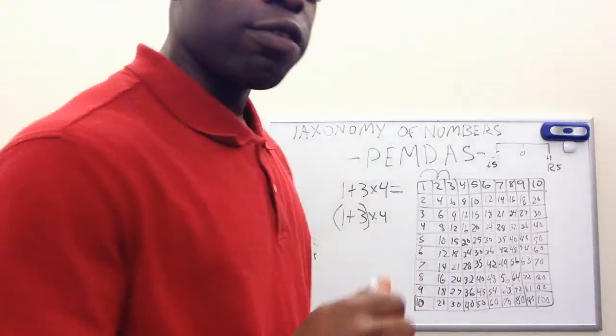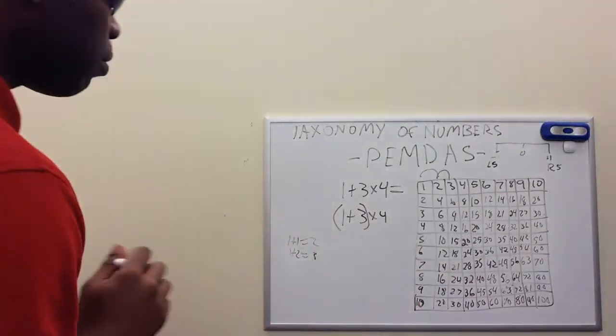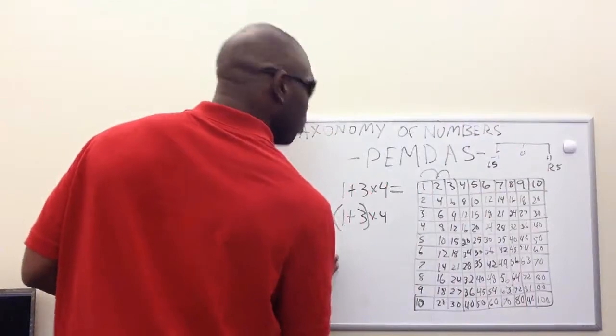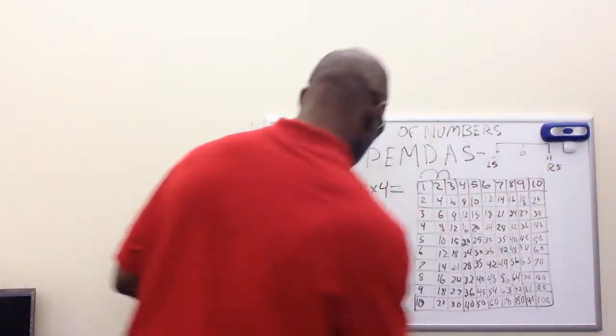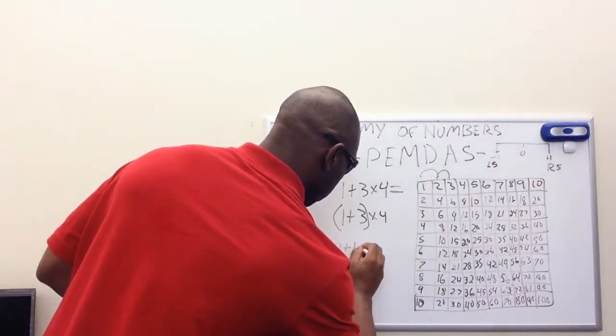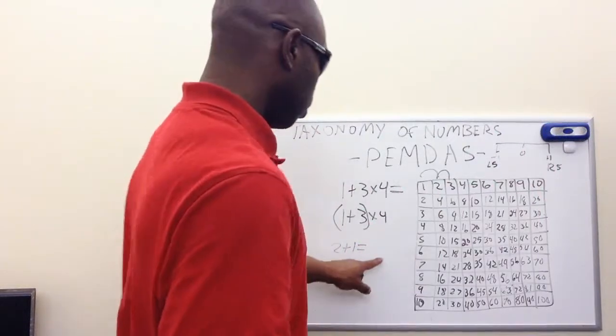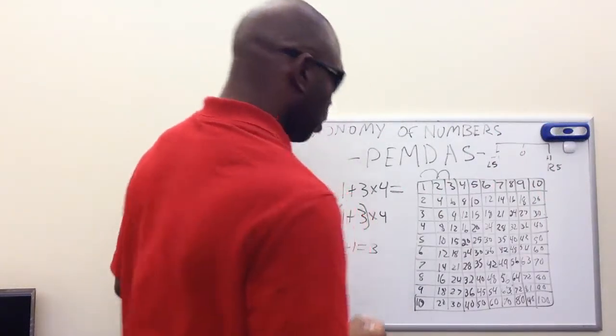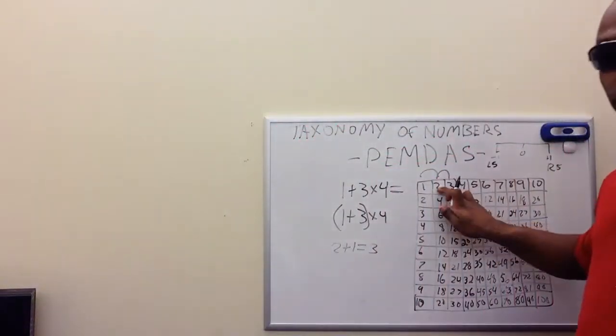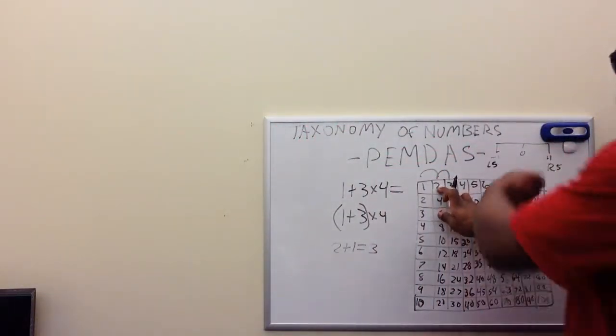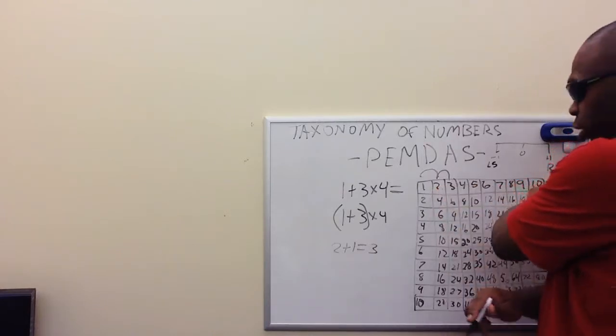Now, if I was to say 2 plus 1 equals 3, then I'm starting at 2, and I'm going to move inherently to the right.